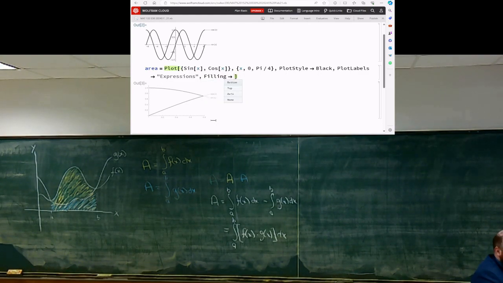There are several ways to fill it. The one I'm going to use is between graphs. That says between plot 1 and plot 2, so plot 1 is sine of x, plot 2 is cosine of x. I think I could also flip it and go 2 to 1. Doesn't matter.